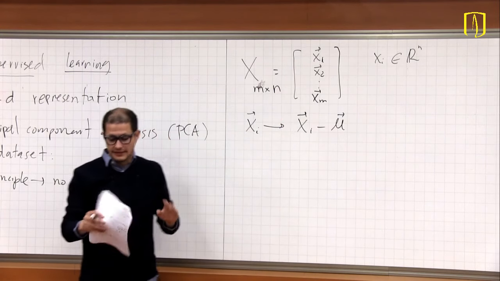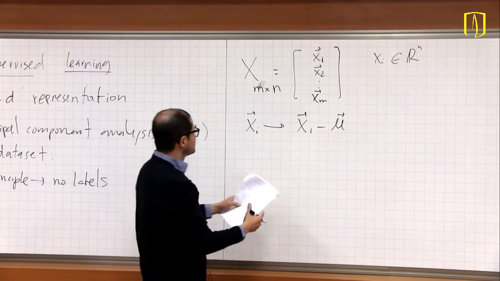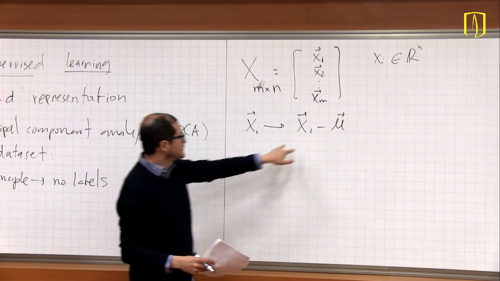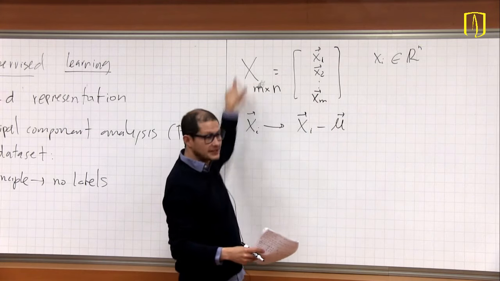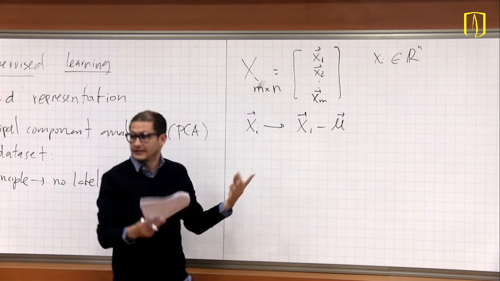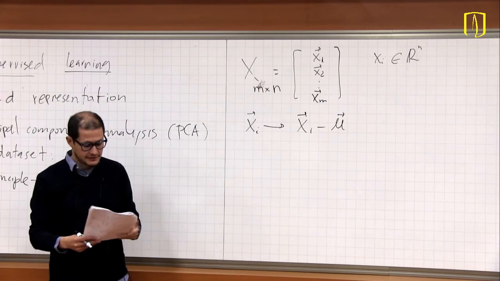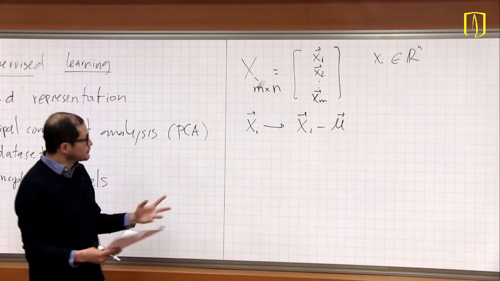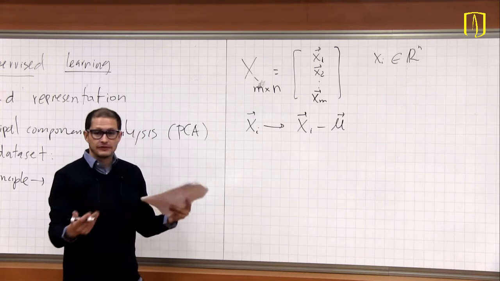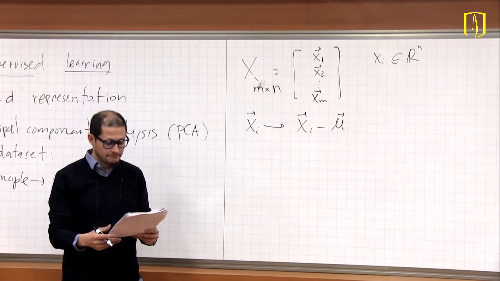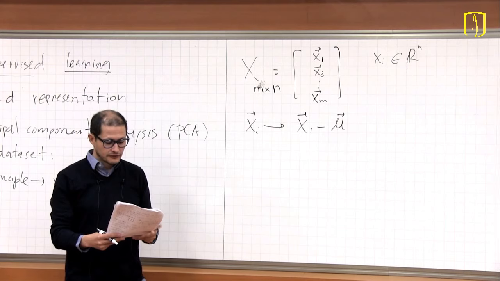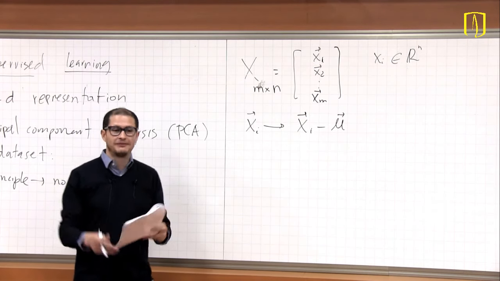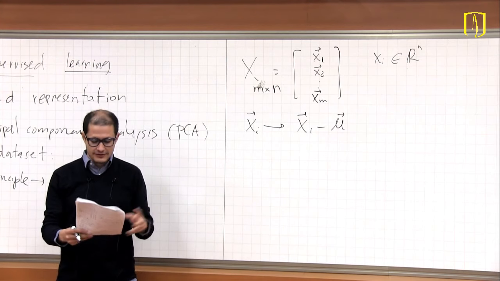So that's the first thing. From now on, when I write x, I mean xi minus the mean. So what we want to do, the idea with PCA, is to find a new basis to represent this data set in terms of the principal components, and I'm going to try to describe what they are.